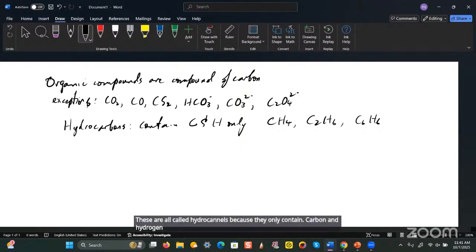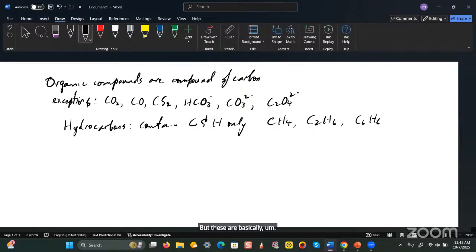The other group of organic compounds we're going to talk about, there's no special name for them, but these are basically compounds containing carbon, hydrogen, and oxygen, right?